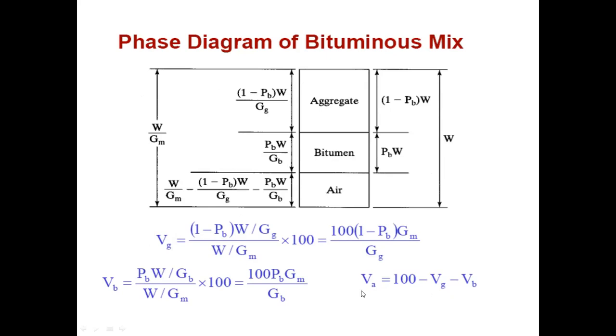We also know the volume of the air void, and consequently, with all those things, we can know the volume of the graded mix as well. So this value will be used, and it is very important in calculating the stiffness of the mixture.